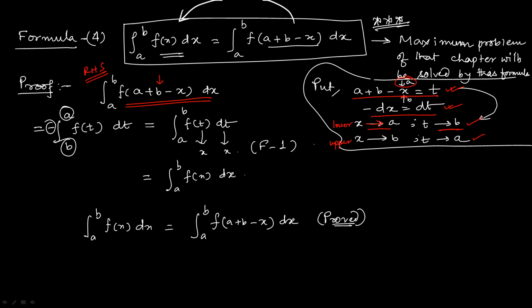So t is tending to a. So obviously these two portions have been changed into this one and this one.